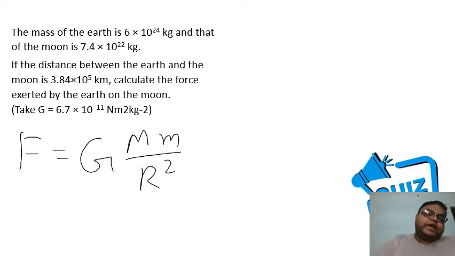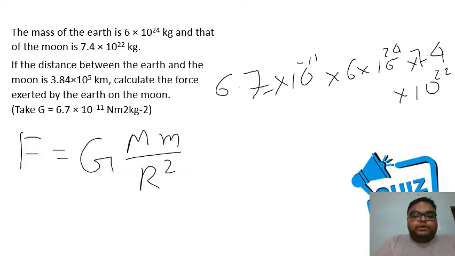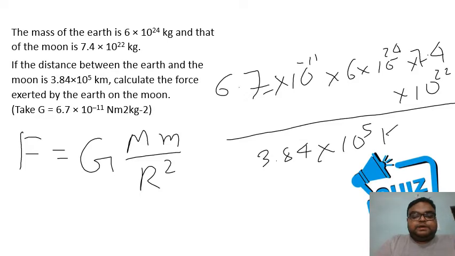G is 6.67, or we can take 6.7, into 10 to the power minus 11, into the mass of earth, 6 into 10 to the power 24, into 7.4 into 10 to the power 22, divided by 3.84 into 10 to the power 5 kilometers squared.